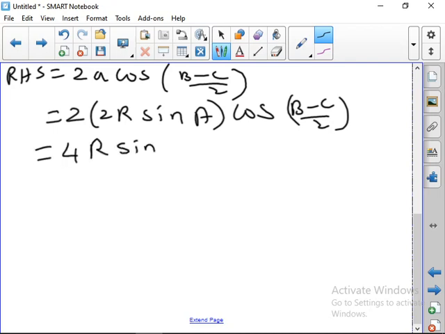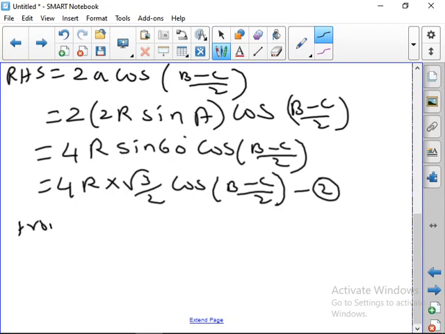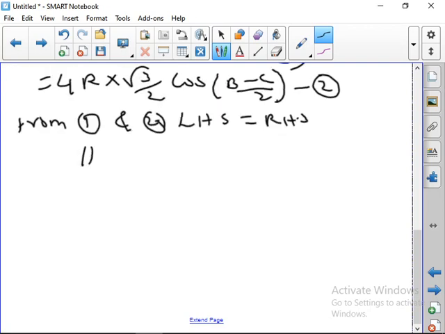Sin A is sin 60 into cos B minus C by 2. 4R into sin 60 is again root 3 by 2 into cos B minus C by 2. So this is 2. So from 1 and 2, are both the same? Left hand side is equal to right hand side. Hence proved. Is it clear?